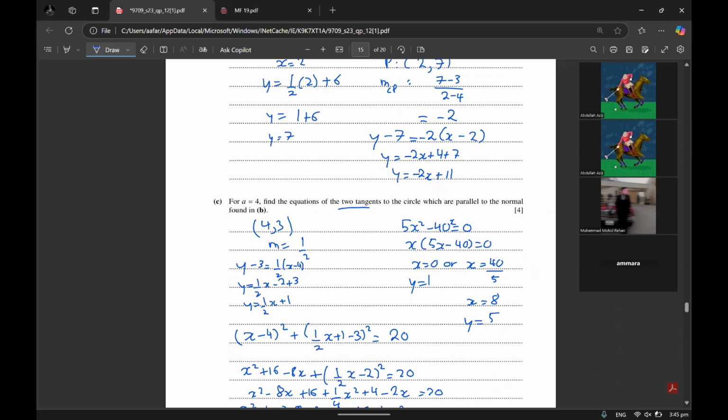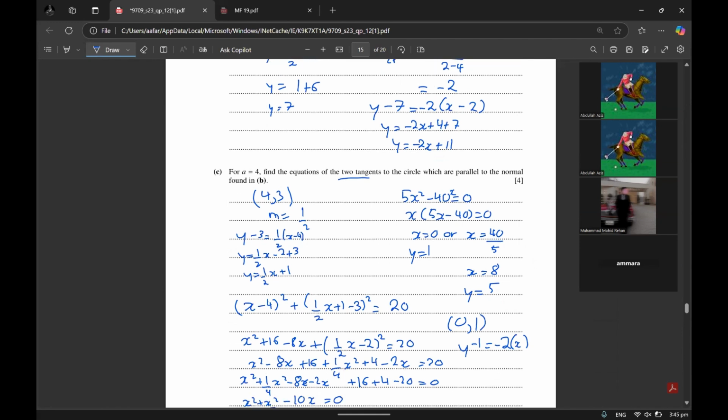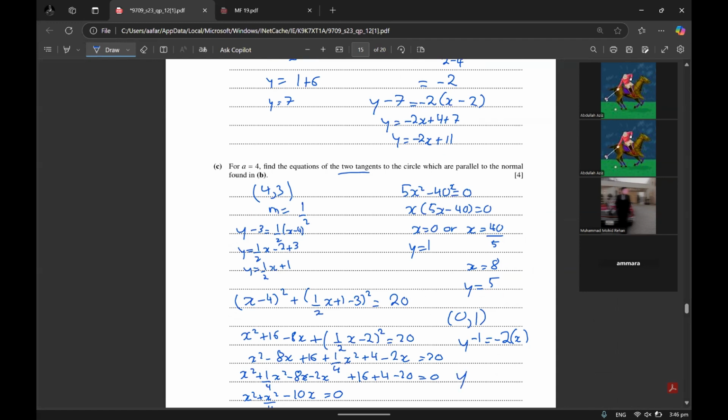So for this coordinate (0, 1), the equation will be y minus 1 is equal to -2, the gradient which we figured out in the previous part, x, so y is equal to 1 minus 2x. This is the first equation, the first tangent. For the second tangent, same procedure with the other coordinates, y minus 5 is equal to -2 (x minus 8). So this is the second equation that you have the answer down the bottom.